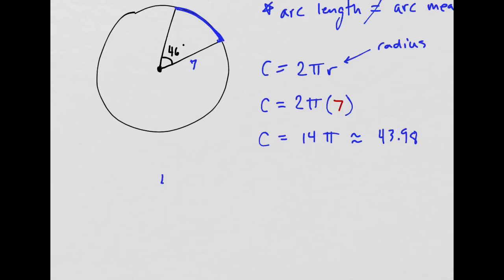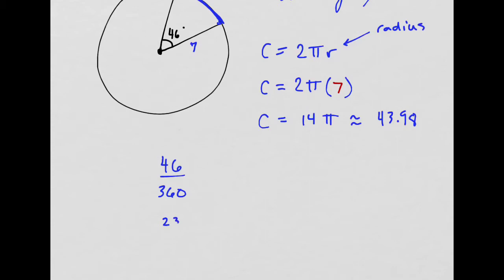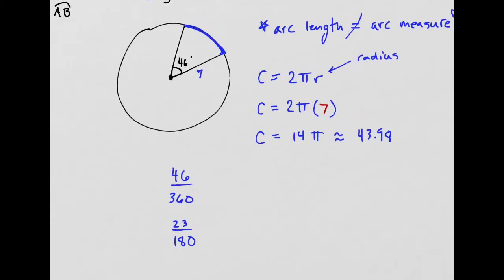So the fraction of the circle that we have is 46 over 360, and I could reduce that. In fact, I will. And that's 23 over 180. So that's how much of the circle we have, and then times the whole entire distance all the way around, times 14 pi.